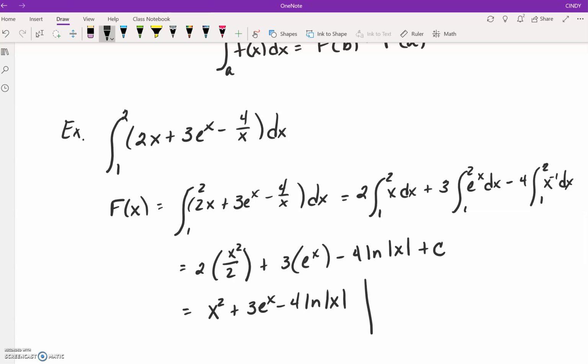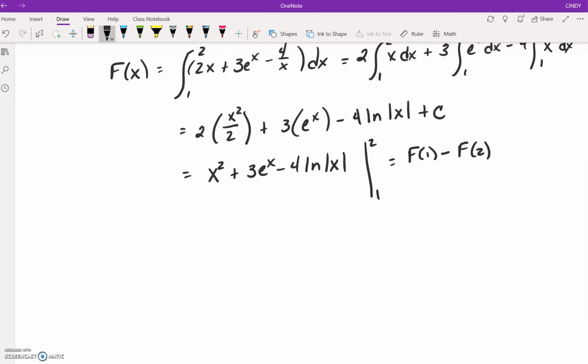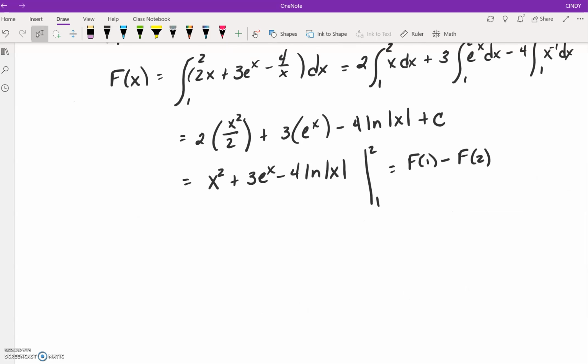And I want to evaluate this between 1 and 2. So this means I'm looking for F of 2 minus F of 1, which is approximately 23.39 for F of 2 minus 9.15, which is F of 1, which gives us 14.24.